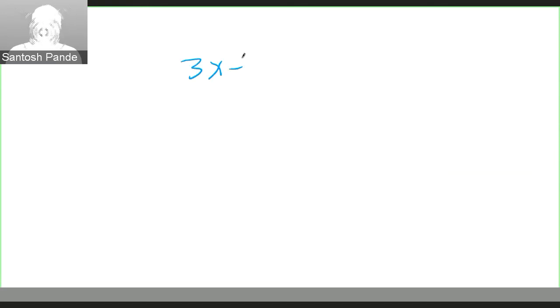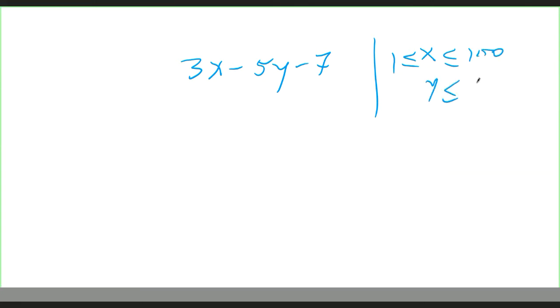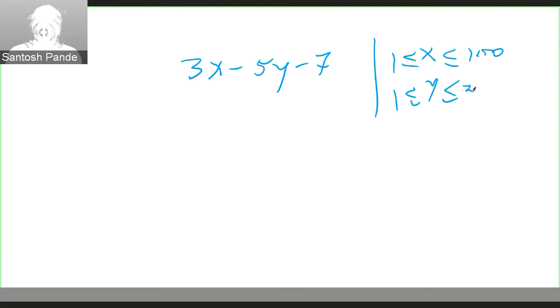Okay, so let's take this simple example, 3x minus 5y minus 7. This is our function, and let's say this is a doubly nested loop, where x is bounded here by 1 to 100, and y is bounded here by 1 to 300.